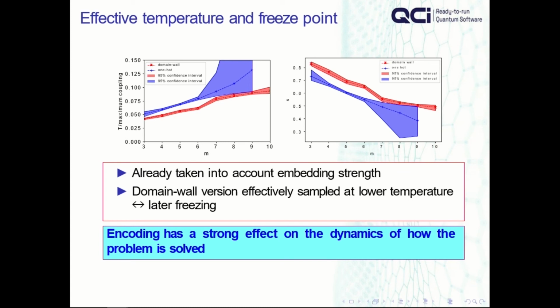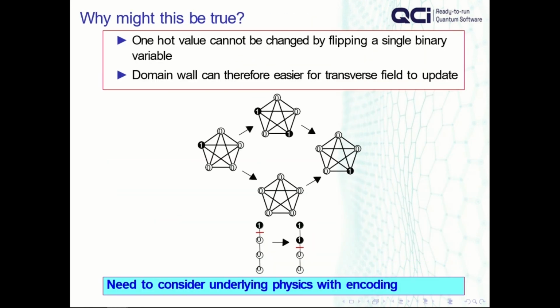But then there's also how the physics of the device is doing. And here we see that this temperature is sort of a proxy for how well the dynamics are going through and solving the problem. So to understand why this might be, we have to go back and think about the encodings.